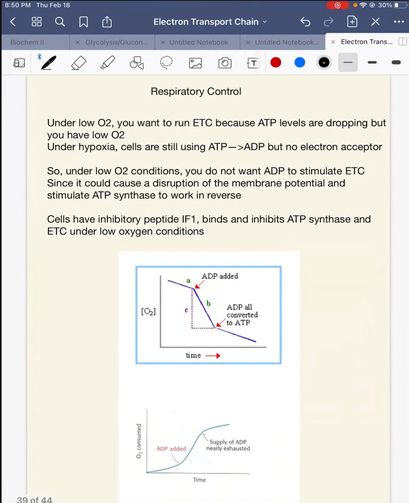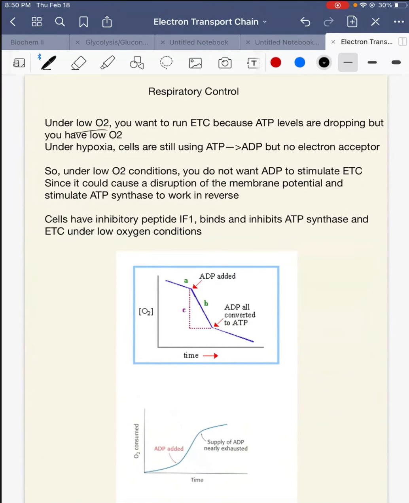So under low oxygen levels, we need ATP, right? Because we don't have enough oxygen. So we want to run ETC because our ATP levels are low, right? So we need to somehow make ATP, so ETC wants to run. But under hypoxia, our still main source of energy to do anything in the cell is ATP.